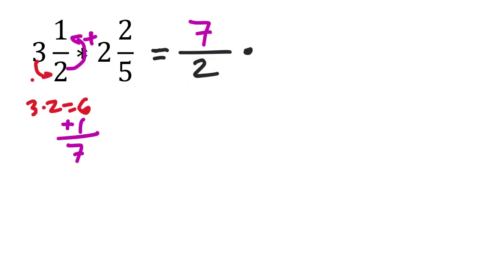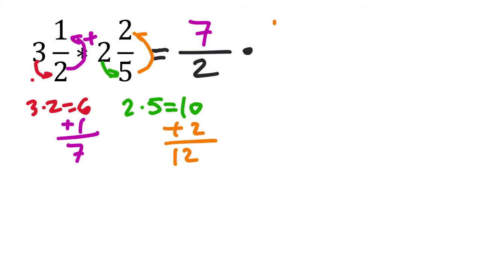We are multiplying here, so that's okay. And I'll use different colors on the second set, but 2 times 5 to start out with. Again, using cycle method, that's 10. And then add the 2 numerator. 10 plus 2 is 12. So 2 and 2/5 becomes 12 fifths.